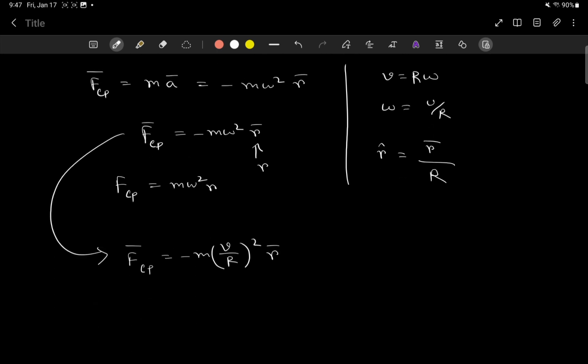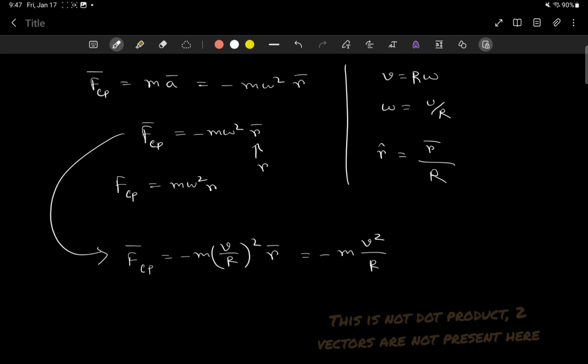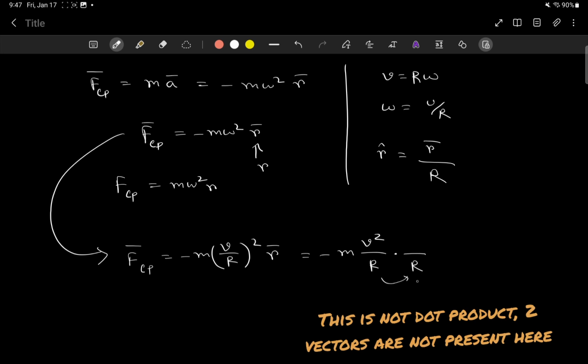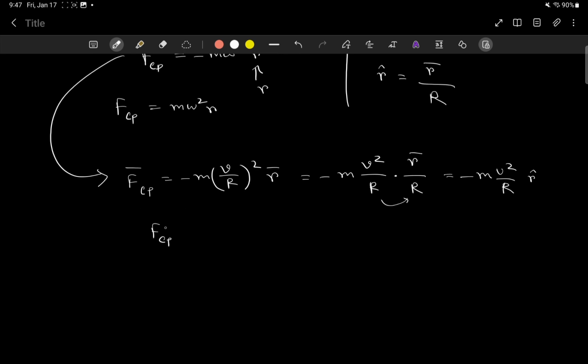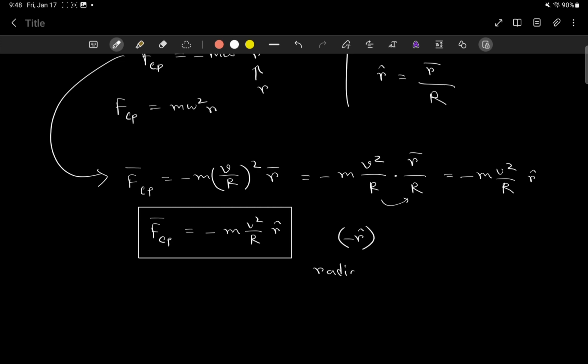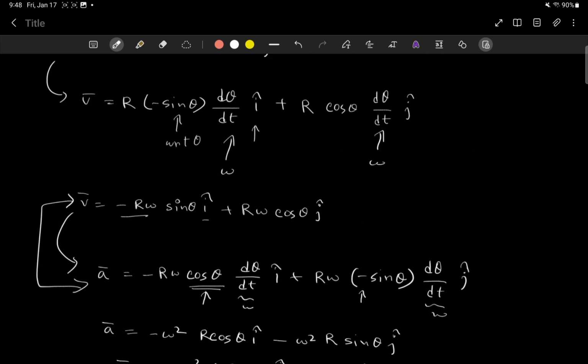So we get negative m v squared divided by r squared, times the r vector, and with r divided by r we get negative m v squared divided by r, times the unit vector r cap. So centripetal force is equal to negative m v squared divided by r, r cap. The direction is negative r cap, which is radially inward. So that's the centripetal force formula we have got already.